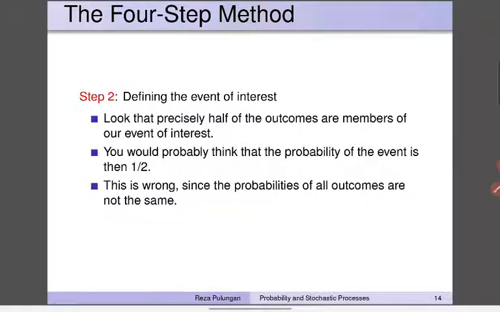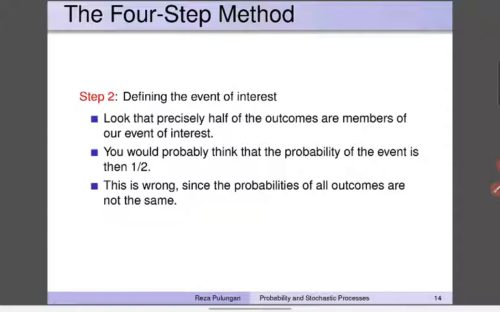Look, precisely half of the outcomes are members of our event of interest. Now you will probably think that the probability of the event is then 1/2 because half of the outcomes are its members. But this is wrong. This is because the probabilities of all outcomes are not the same. And this is what we are going to see in the next part.